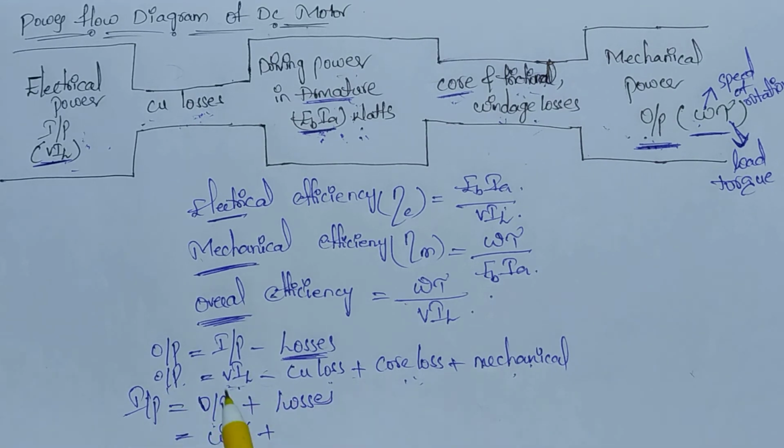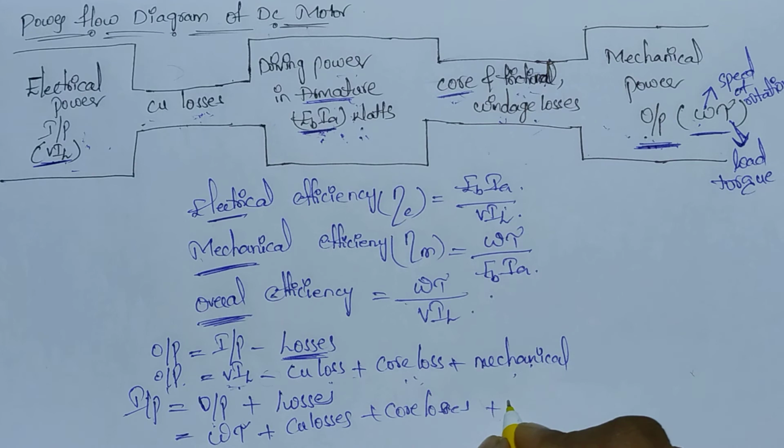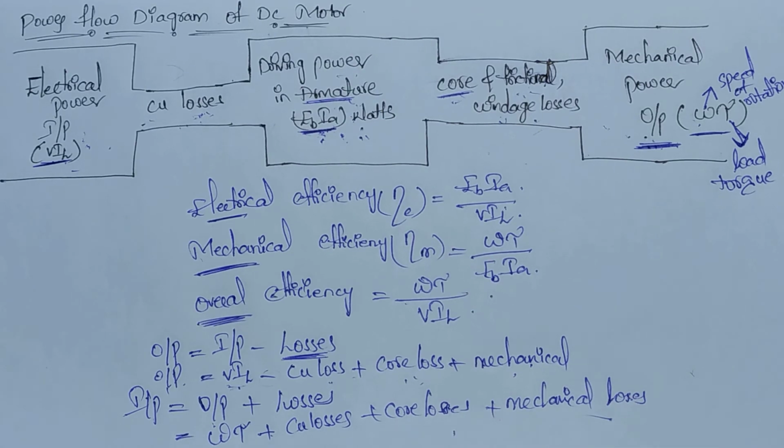Then we get the output. Here we are adding the losses, copper losses plus core losses plus mechanical losses, to the output, then we get the input.